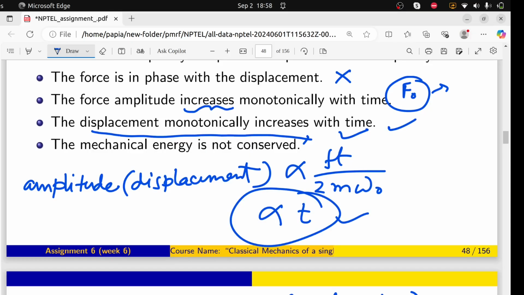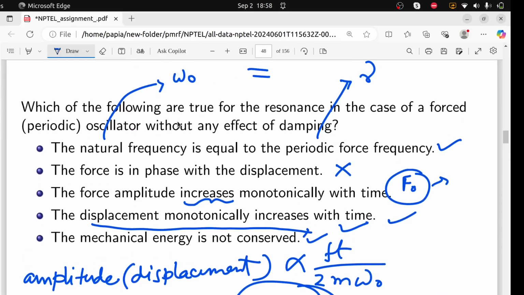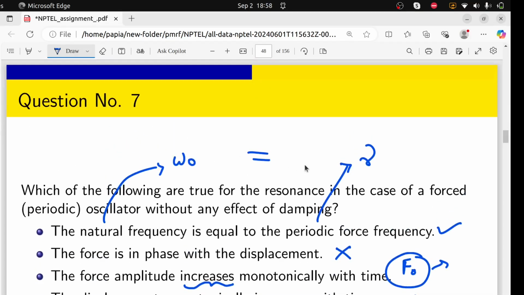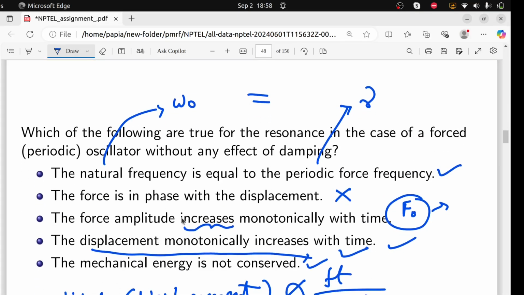The mechanical energy is not conserved. Yes, this is also correct, because it is getting absorbed by the system. So the main thing here is that omega 0 equals gamma, and then the force is obviously in phase difference of pi by 2.